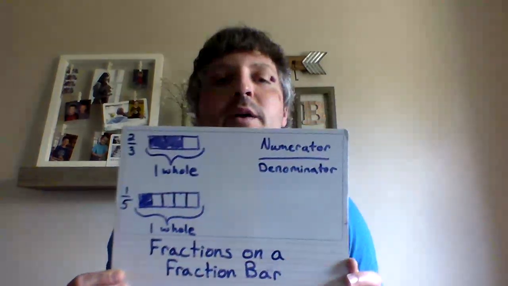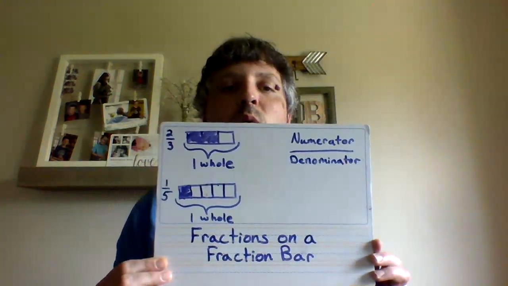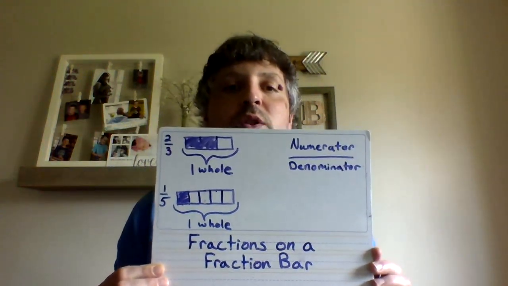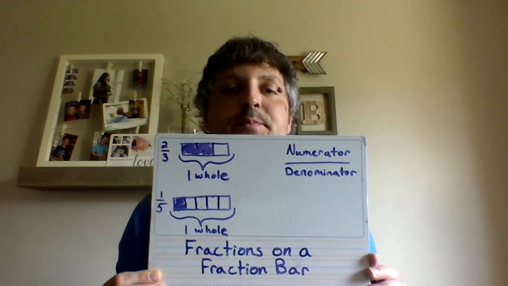I'll try to divide it as evenly as possible. Oh, that's only 4, Mr. B. And I would shade in one part. So 1/5 would look like that on a fraction bar.